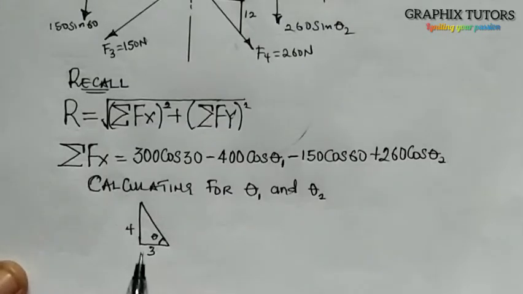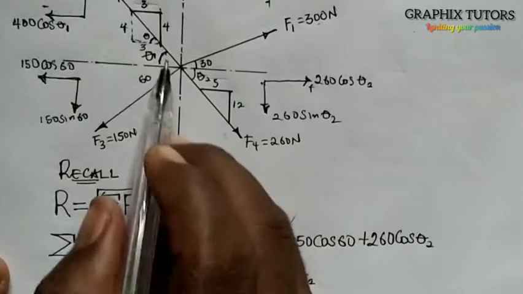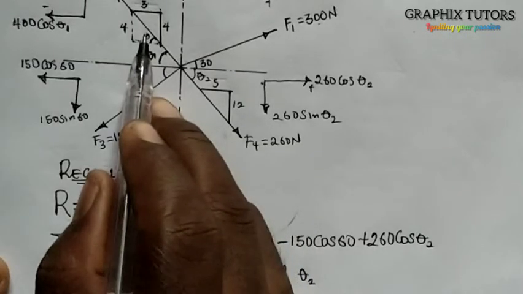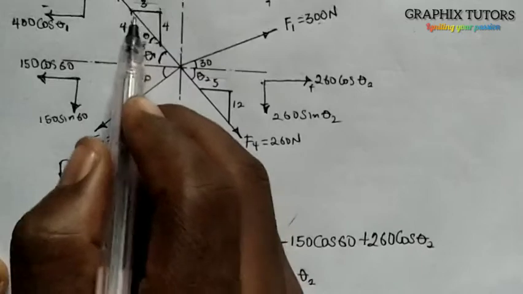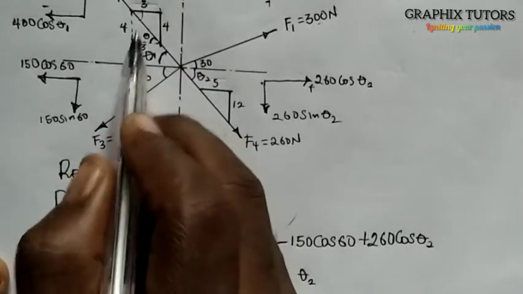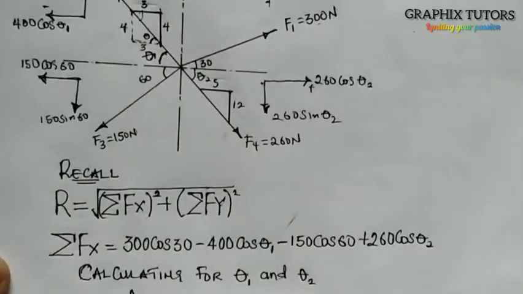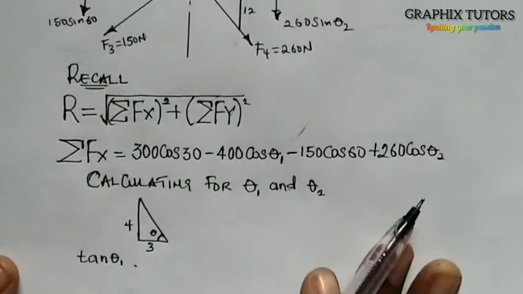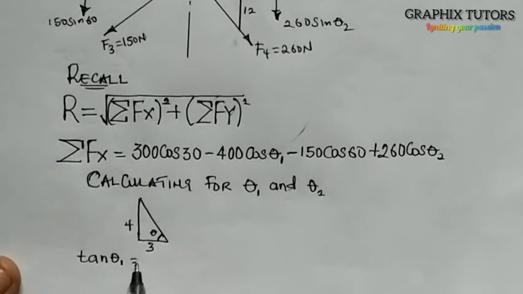So since you have the x and the y, you know it is tan theta. So we say that the tan theta 1 is equal, because if this is theta 1, this also be theta 1. So if I want to even place my angle here, the angle will be here, alternate angle. So be careful. Now I'll move forward. My tan theta 1 will give me opposite 4 over what? Adjacent, which is what? 3.